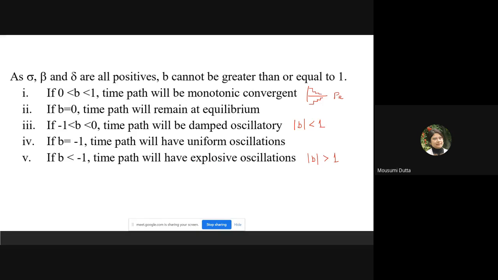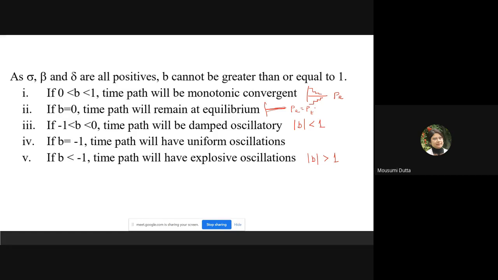In the second case, this will be the time path, P_t. This is also the time path.